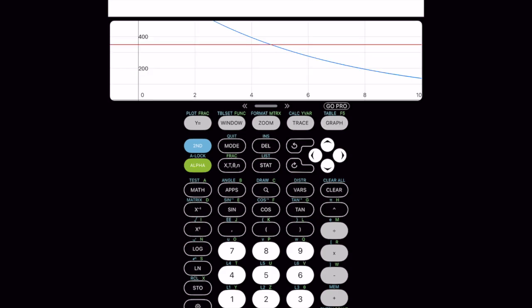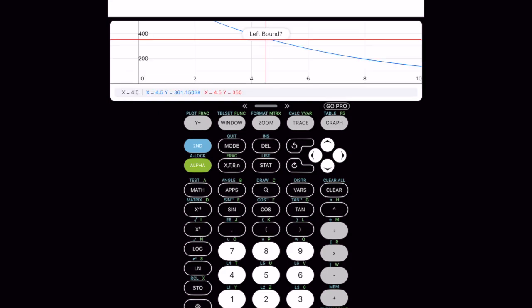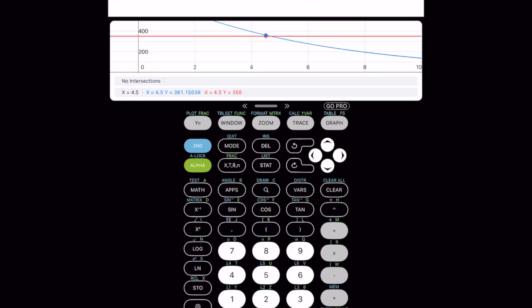So now we can see the point of intersection, and that these are intersecting some time between 4 and 6. So the way I find the exact value is I'm going to pull up the calculate app under the graph. So I hit the blue button and then the trace button, and then I'm going to pick option 5 for intersect, and then it's enter, enter, enter.